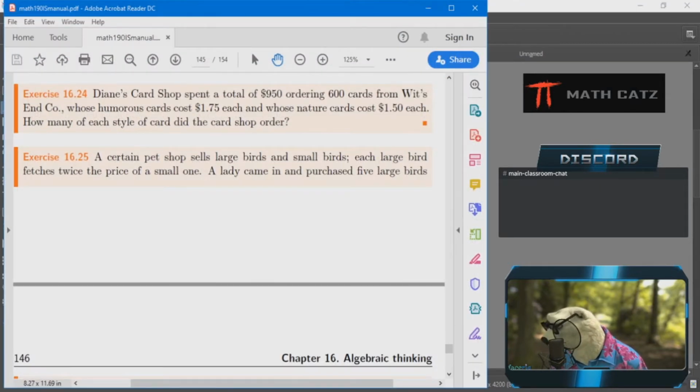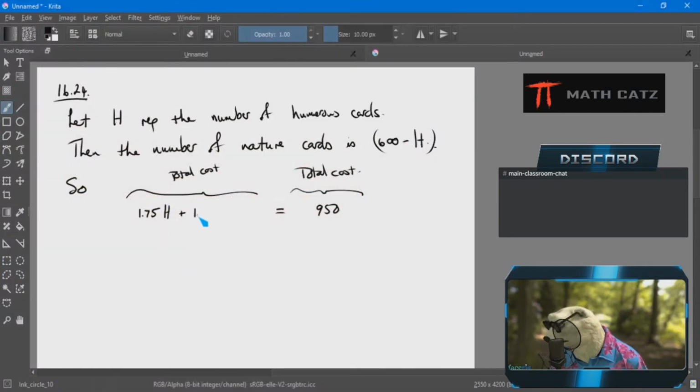Then $1.50 each for the nature cards will give me a total of $1.50 times the number of nature cards, whatever that is represented by. Doesn't matter right now. It matters now when I go into simplifying this mathematical sentence, this equation.